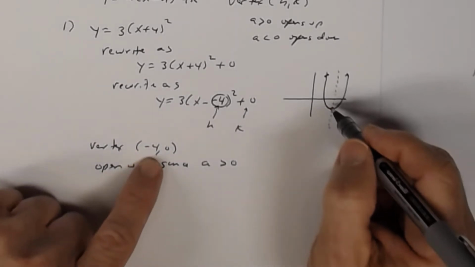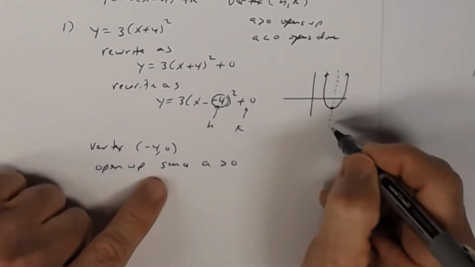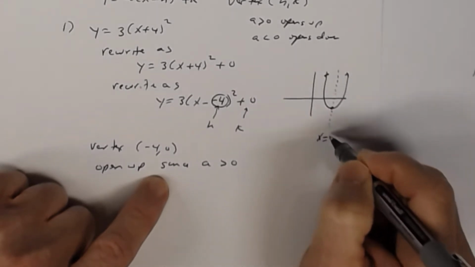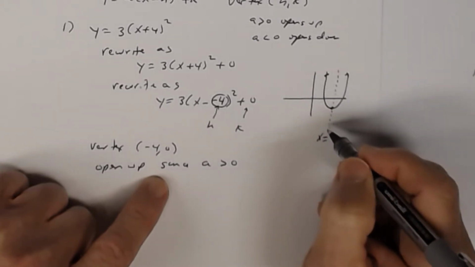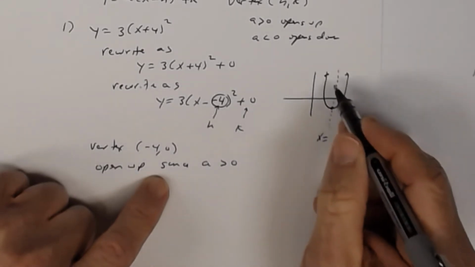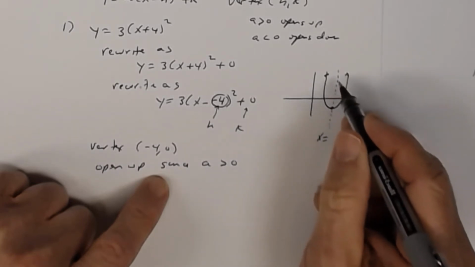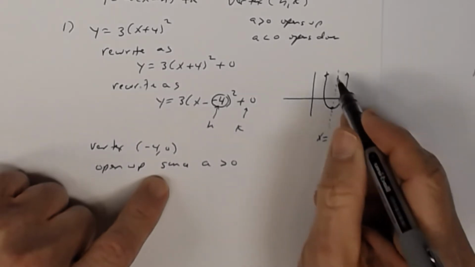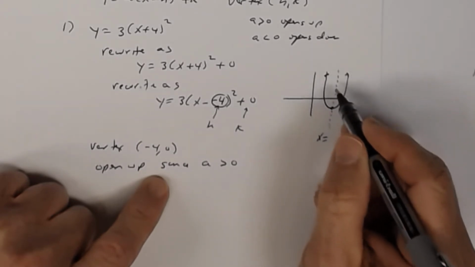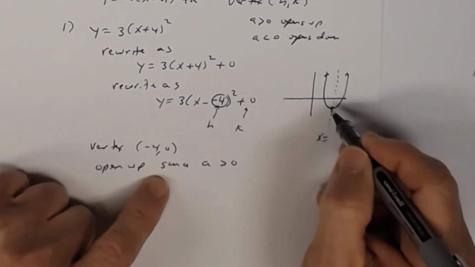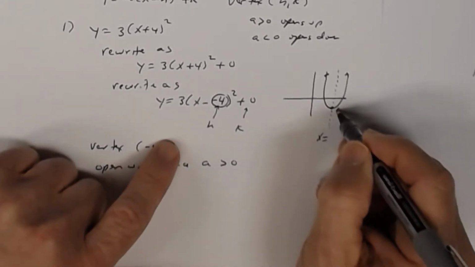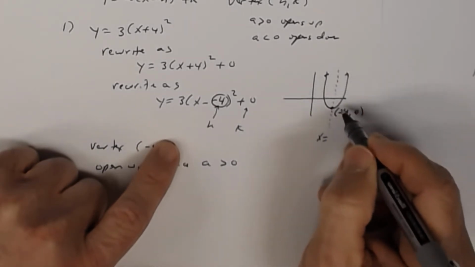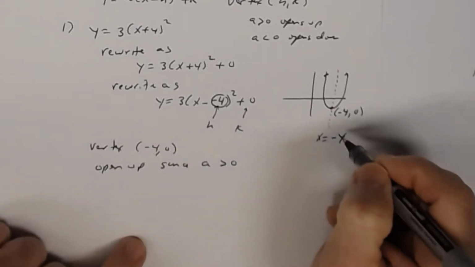Now notice that the axis of symmetry is a vertical line, and the naming of a vertical line is always x equals. No matter where you are on this dotted line, the x coordinate is always the same. If my vertex is negative 4, 0, then all these x coordinates are going to be negative 4. So x equals negative 4 is your axis of symmetry.